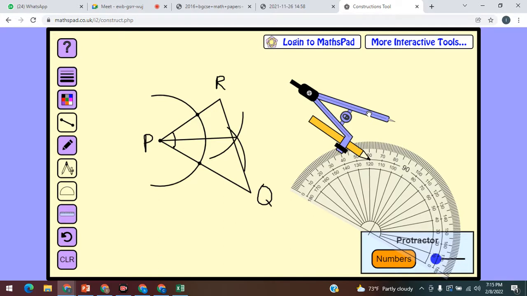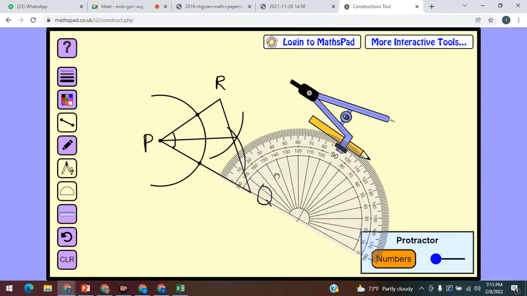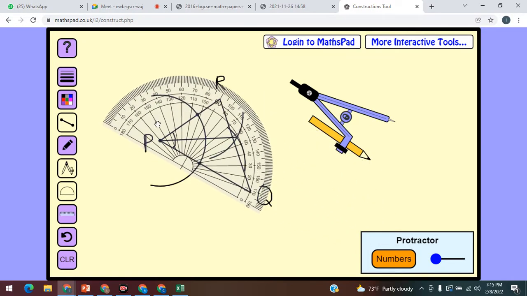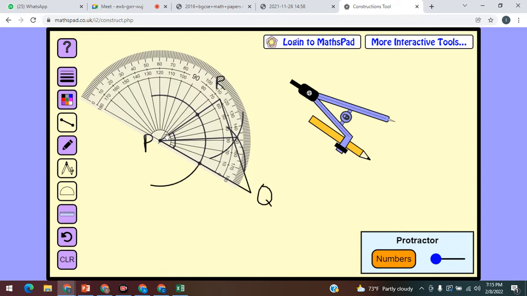Then I took this point in the middle and connected it to this point P. I'm asking about the protractor, not the compass. You lined it up with P?